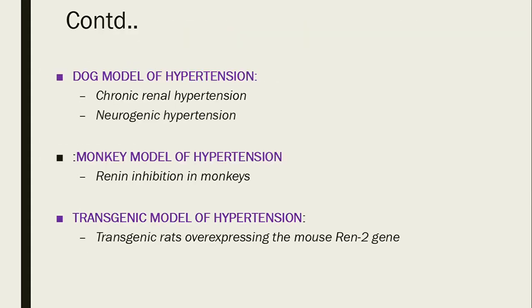In the dog model of hypertension, there are chronic renal hypertension and neurogenic hypertension. In the monkey model, there is renin inhibition in monkeys. And in the transgenic model of hypertension, there are transgenic rats overexpressing the mouse REN2 gene.